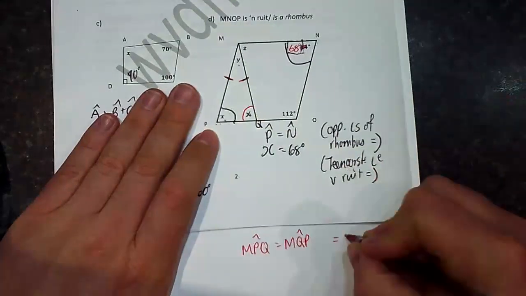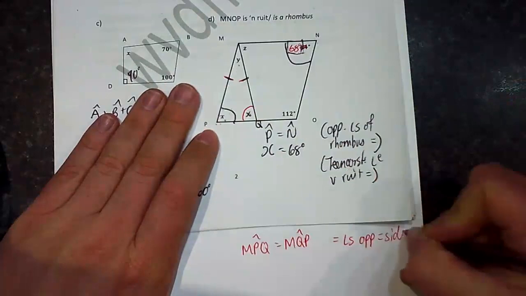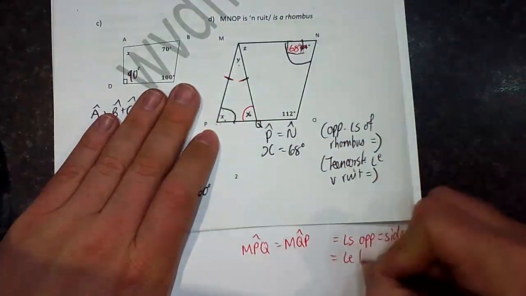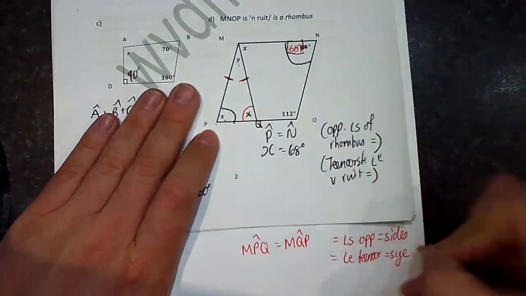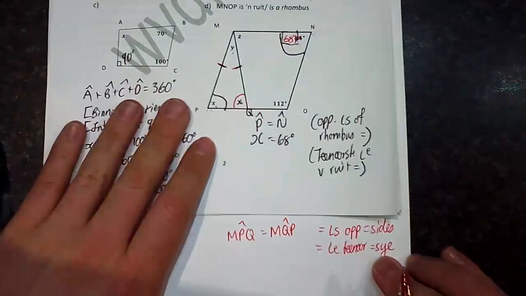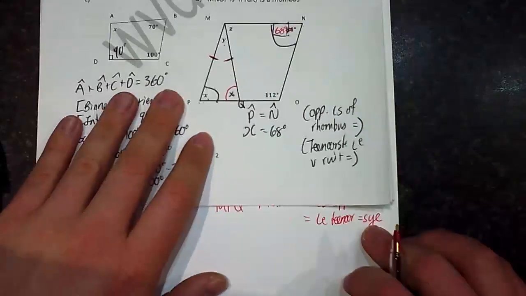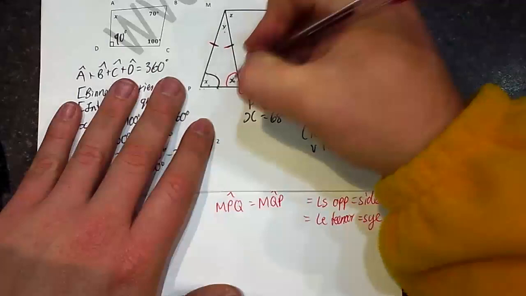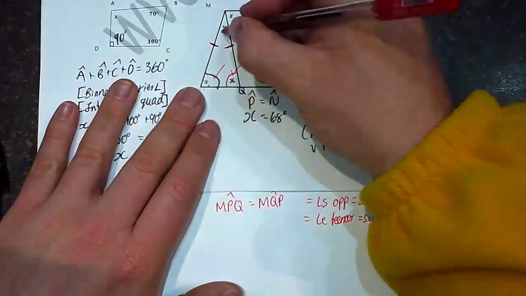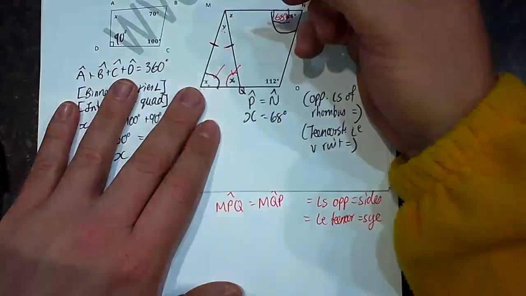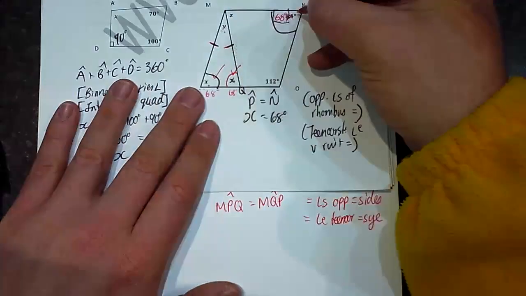Because equal angles opposite equal sides. I hope you know this by now. Right. Everyone fine with this? So now that we know that they are equal, we have this one, and for y we can now find. Okay, so let's put 68 and 68.